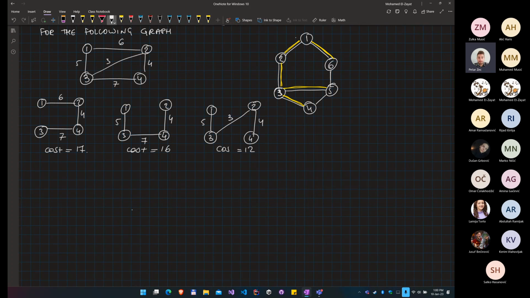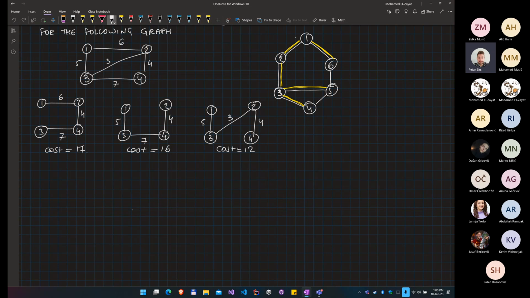Now, as you can see here, we have several spanning trees and several costs, one per valid spanning tree. However, we would like to find the minimum spanning tree, the one with the minimum cost. Now, this will require us to apply some greedy algorithms, right?